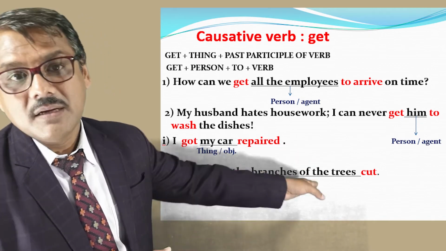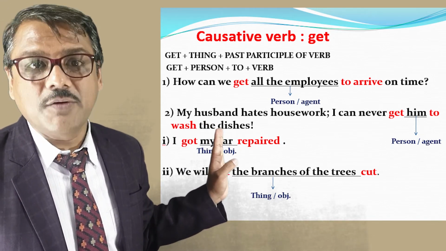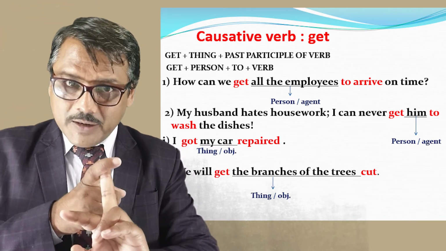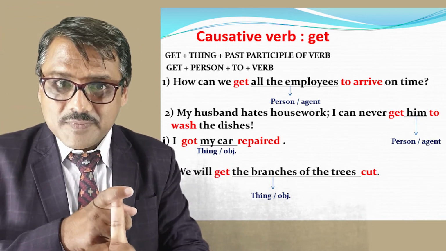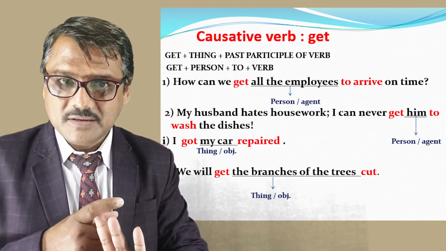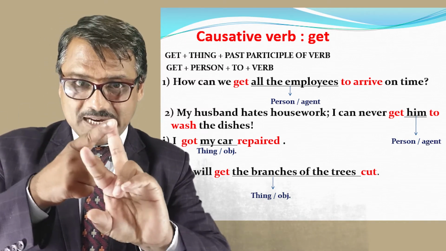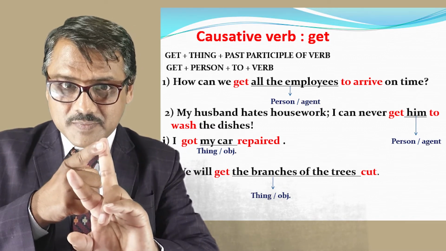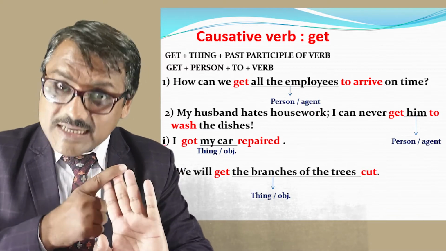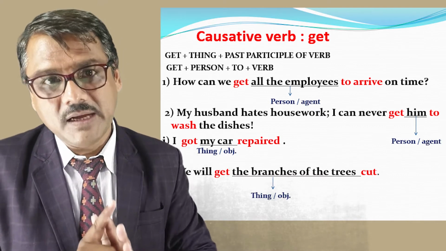Get object, past participle form of the verb, V3. Now remember, when you use get, the meaning is encouraged, convinced, motivated. And there are two structures: get object plus PP, third form of the verb, and get agent plus to plus verb 1, base form of the verb.